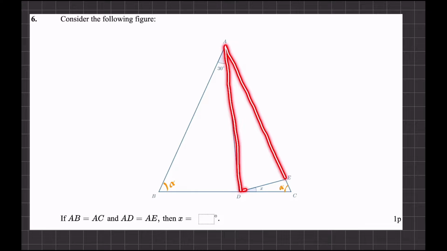So this means that this triangle is an isosceles triangle, so these two angles are also the same. So if I call this beta, for example, I am allowed to call this one beta as well. So let us do that. Let me call this beta, and let me call this beta again. Okay, so now let us go to the original size.